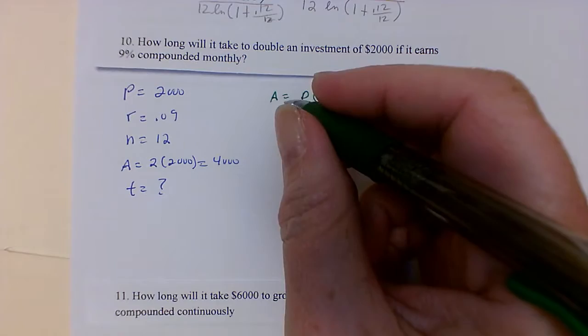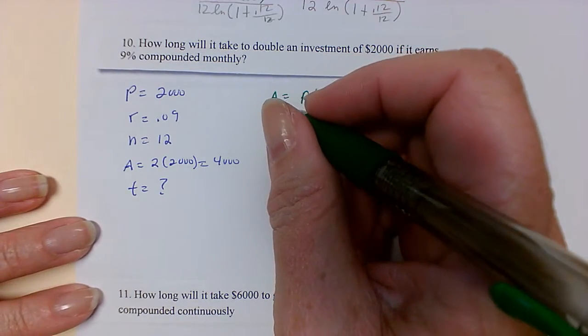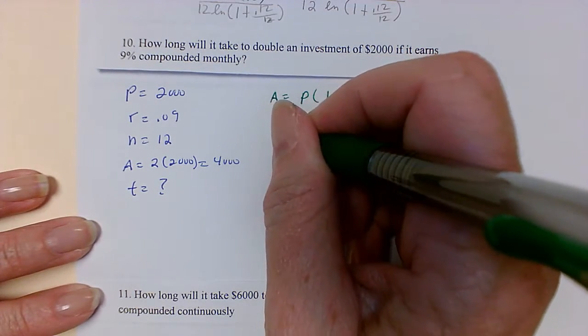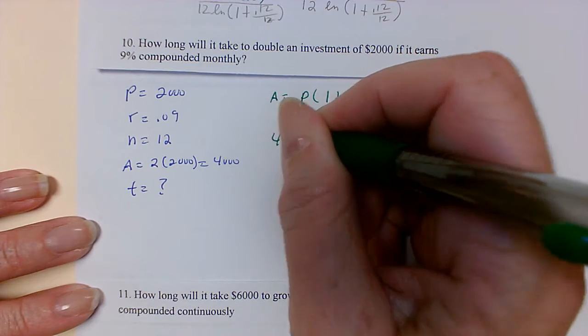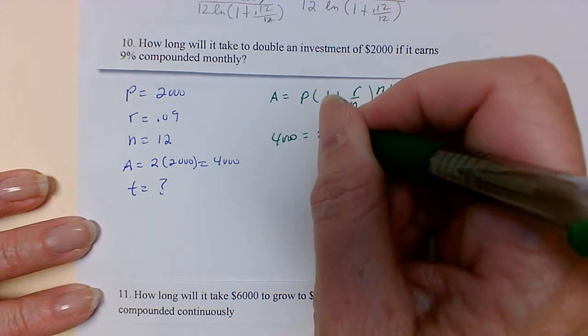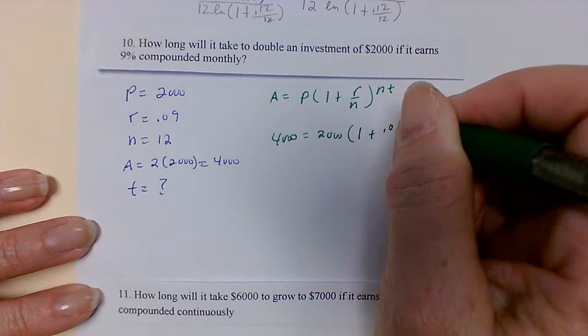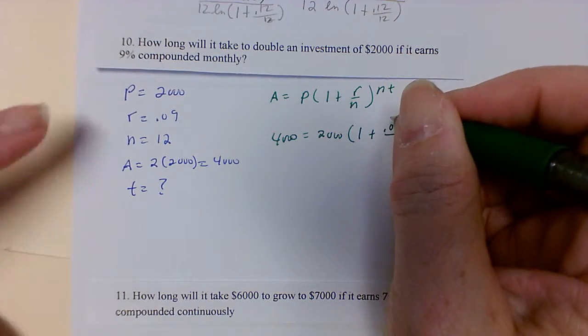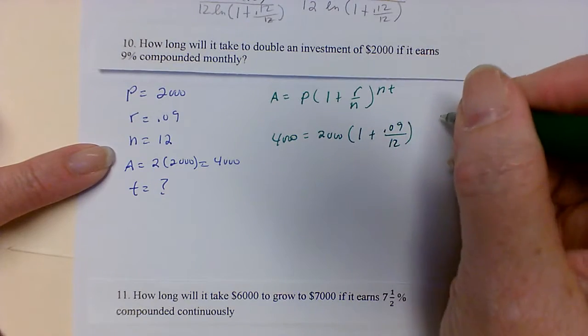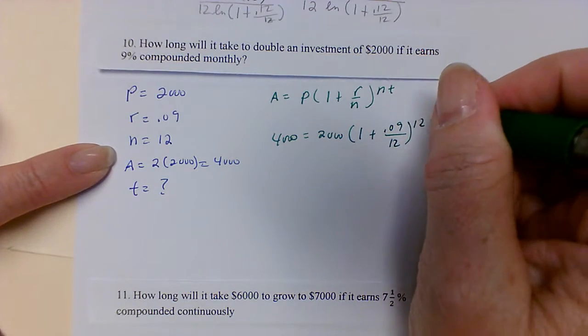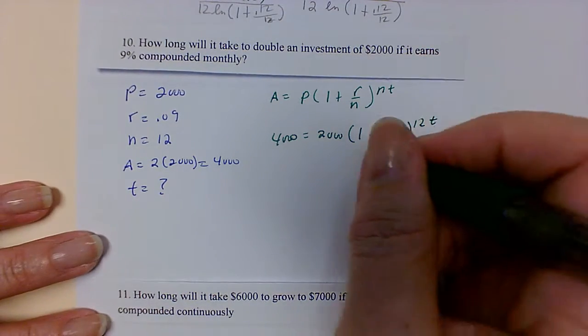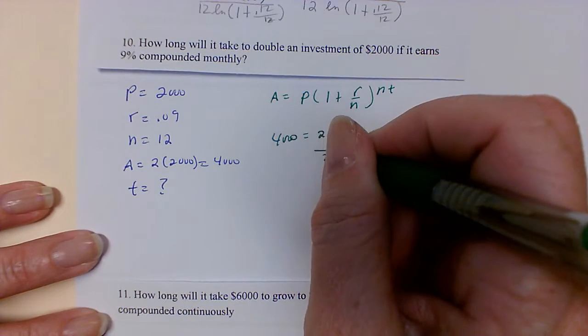So our accumulated value is going to be 4,000 is equal to 2,000 times 1 plus 0.09 divided by 12 raised to the 12 times T. First thing I'm going to do is divide by my 2,000.